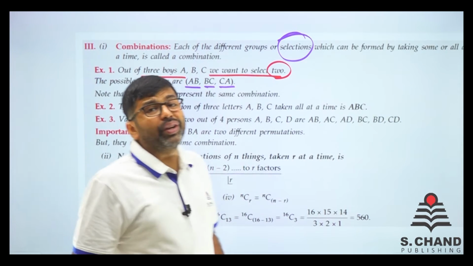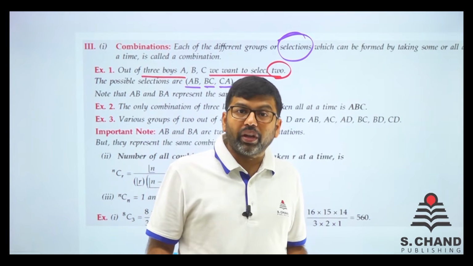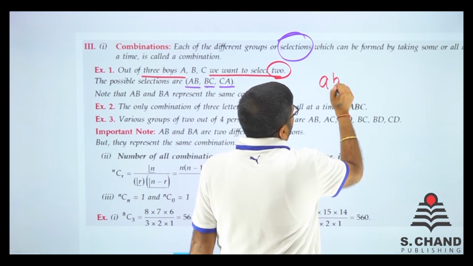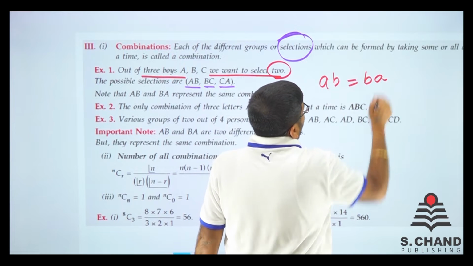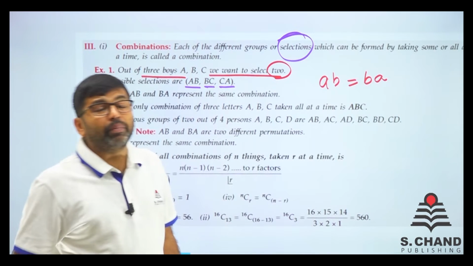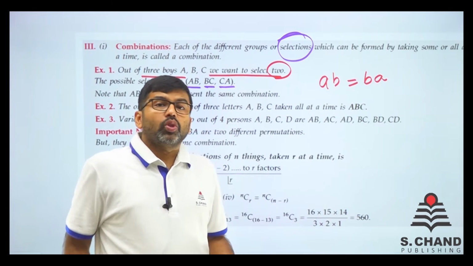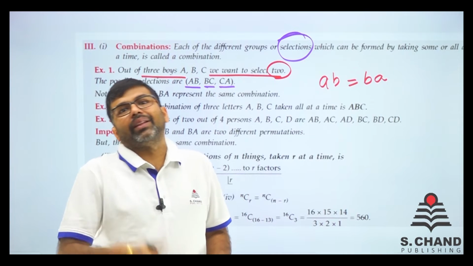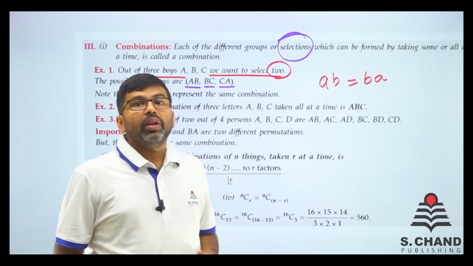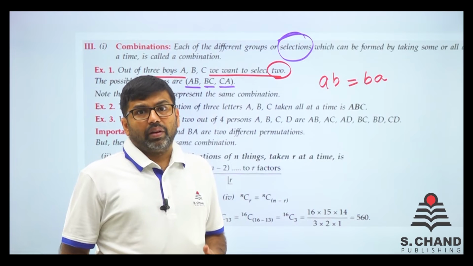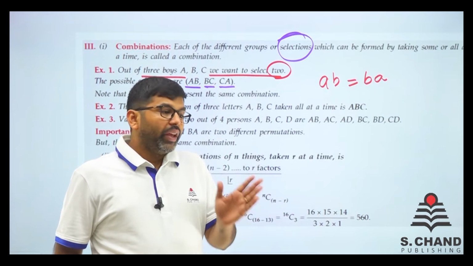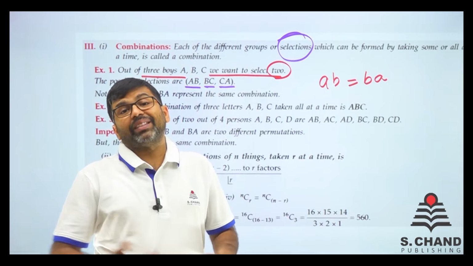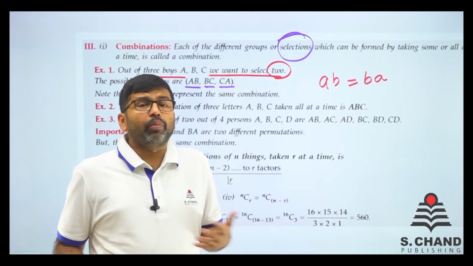How it is different from permutation is also clear from the fact that AB is equal to BA. If you select AB and if you select BA, they are the same. So in general, combination will be lesser than permutation. Why? Because when they are standing in an arrangement, AB is different from BA. But when you select them, you take them out, then they both are the same.